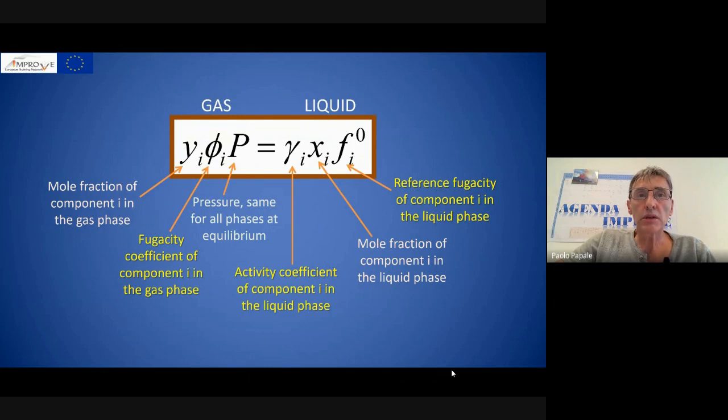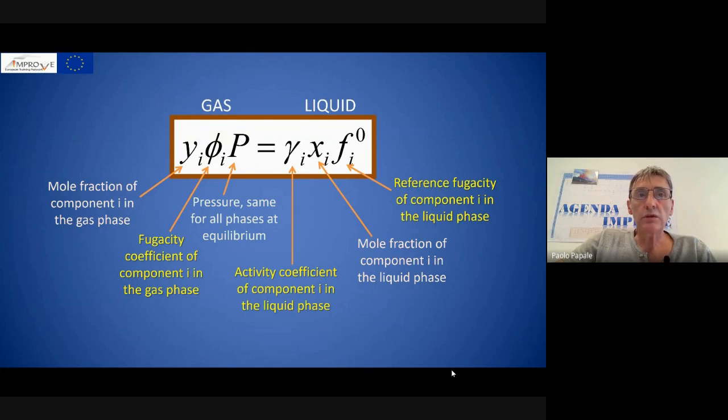The conditions are defined in terms of pressure, temperature, and overall composition. Thus, the pressure that appears at the left-hand side is part of the conditions that we impose in the calculations. Temperature and composition do not appear explicitly in this expression, but they contribute to define the other quantities in the equation. We will see that abundantly in the next lessons.